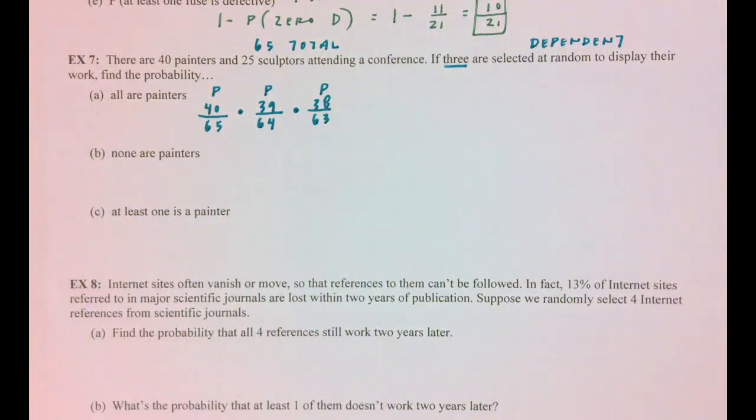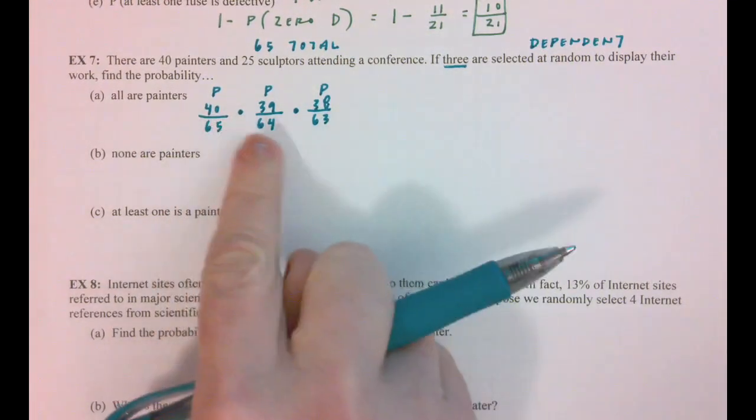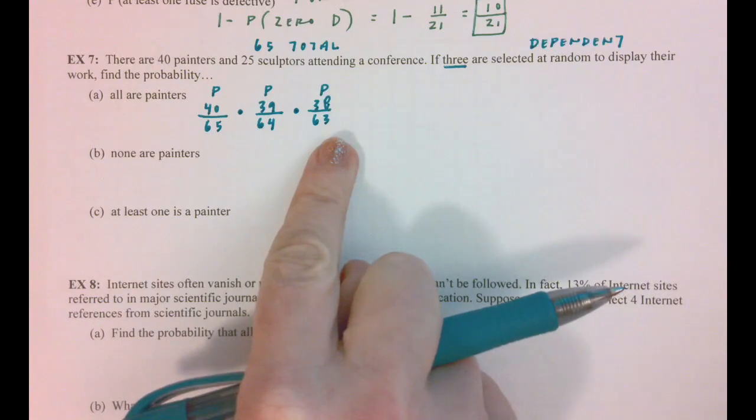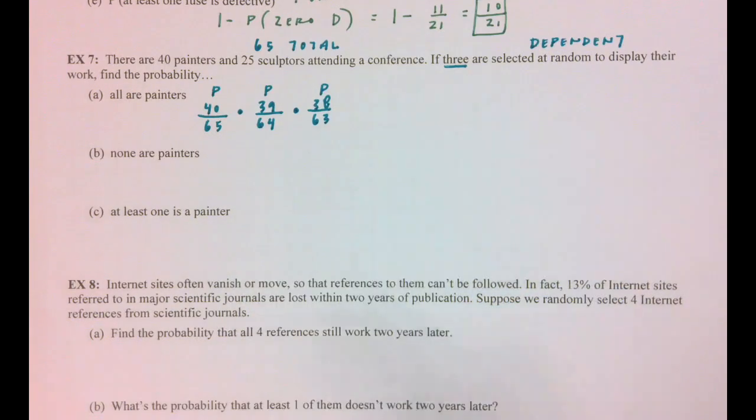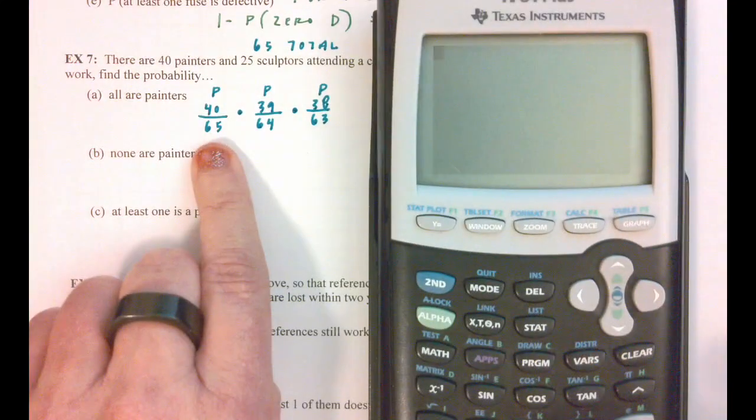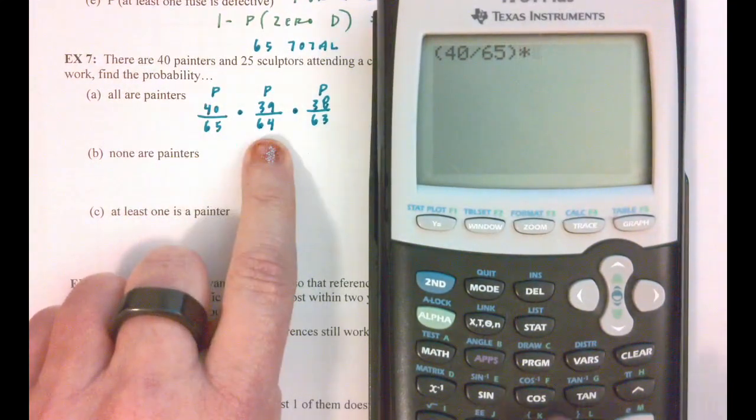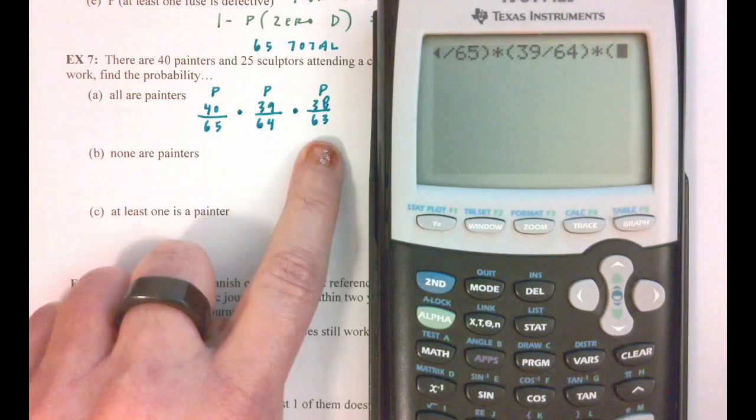So I'm seeing how my probabilities are changing from stage to stage based on having one less person to pick from. So if I plug this in, I'm looking at 40 over 65 times 39 over 64 times 38 over 63.